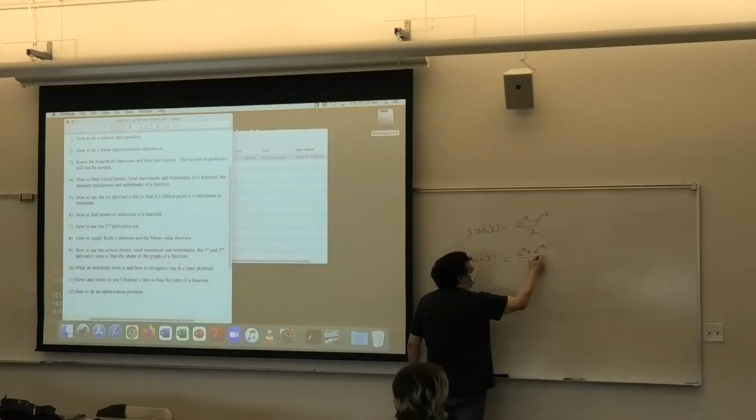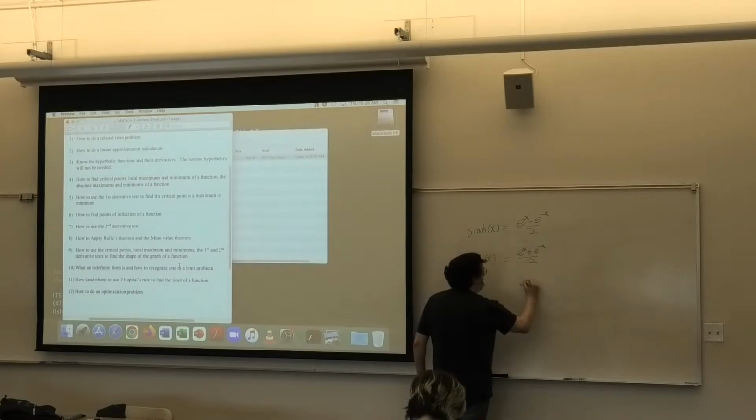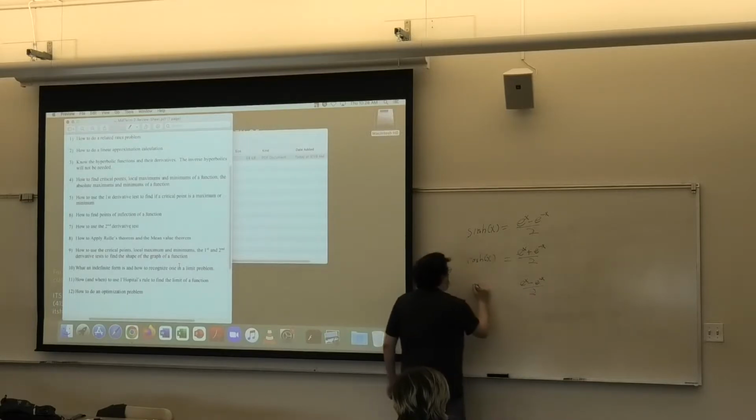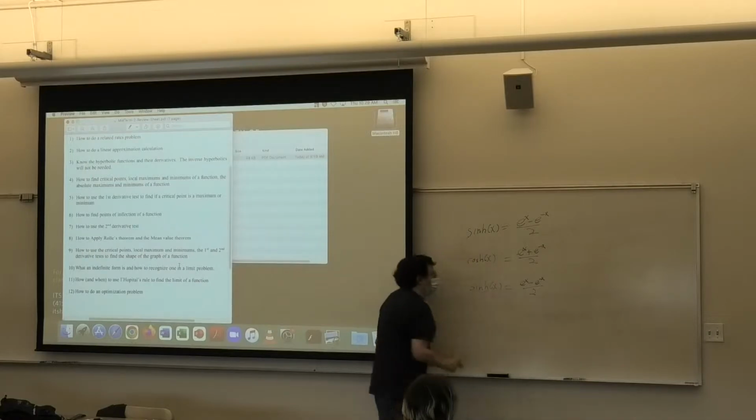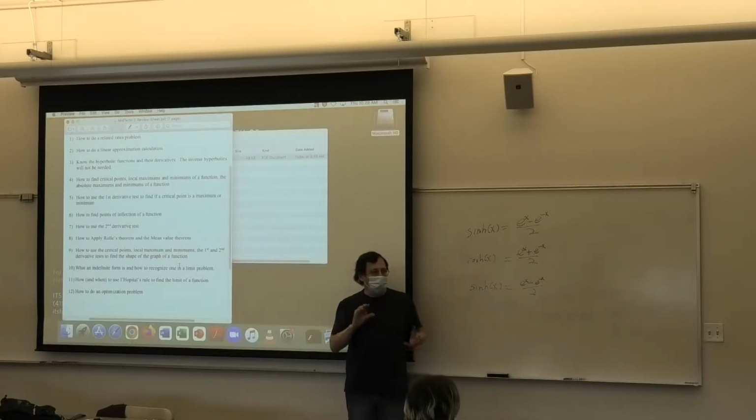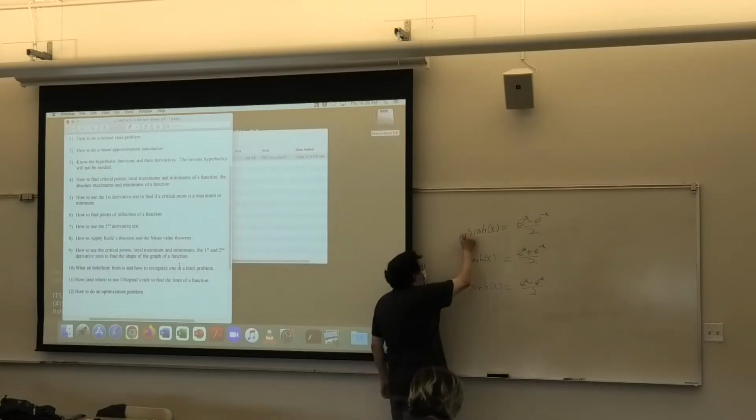If I find the derivative of this, it becomes e to the x, and this is going to introduce a minus e to the minus x over 2. Back to the hyperbolic sine. So it's not the same as trigonometric sines and cosines. It's just derivative, derivative.